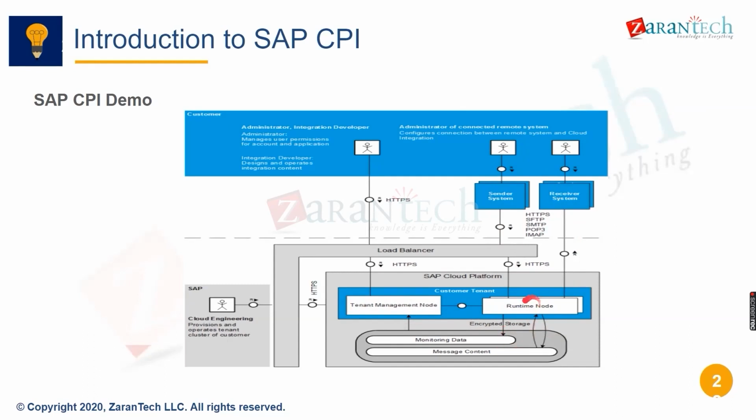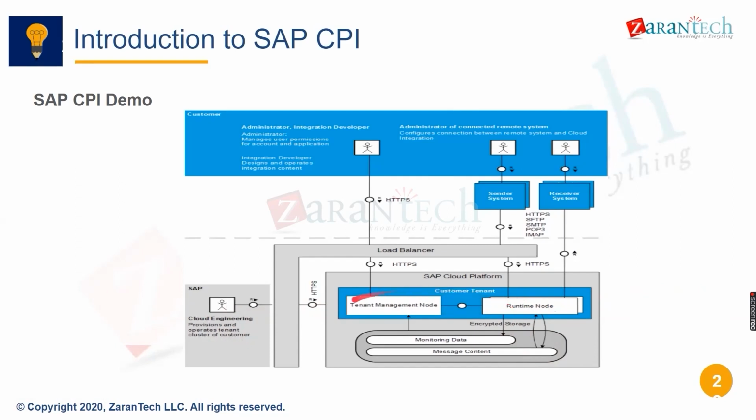This runtime node helps give the status to the tenant management node, whether it is completed or failed. The user can access only the status on the dashboard: what is the message status and how many messages failed, everything. The developer can see only the message status.